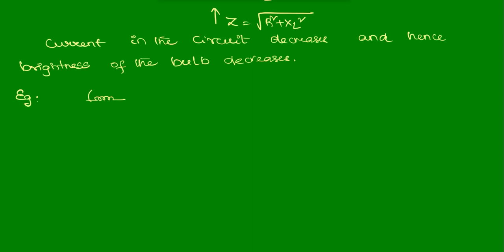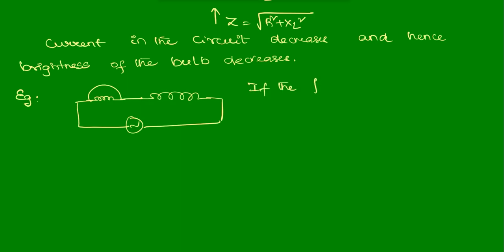If we have a bulb and an inductor, if the frequency increases, then XL, as it is 2 pi f L, will increase as frequency is increased.